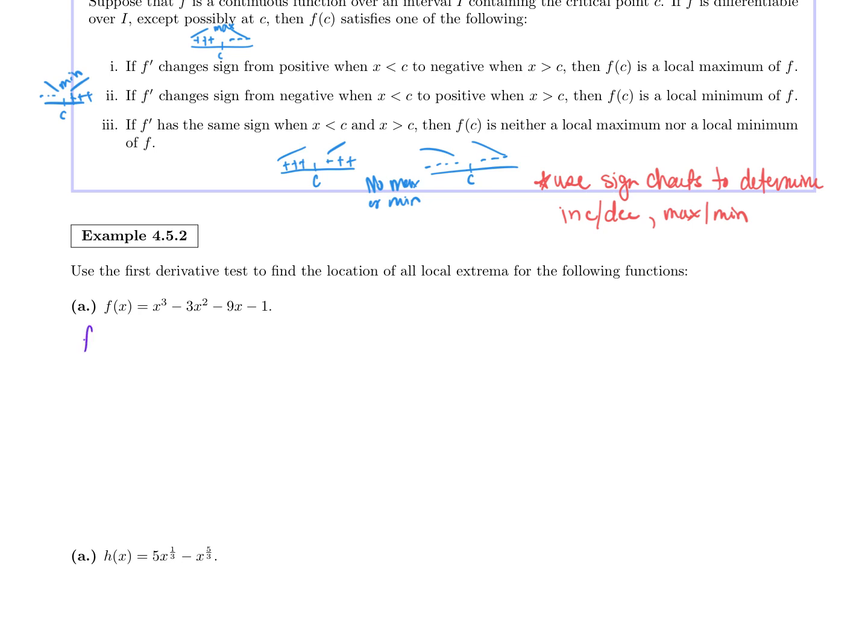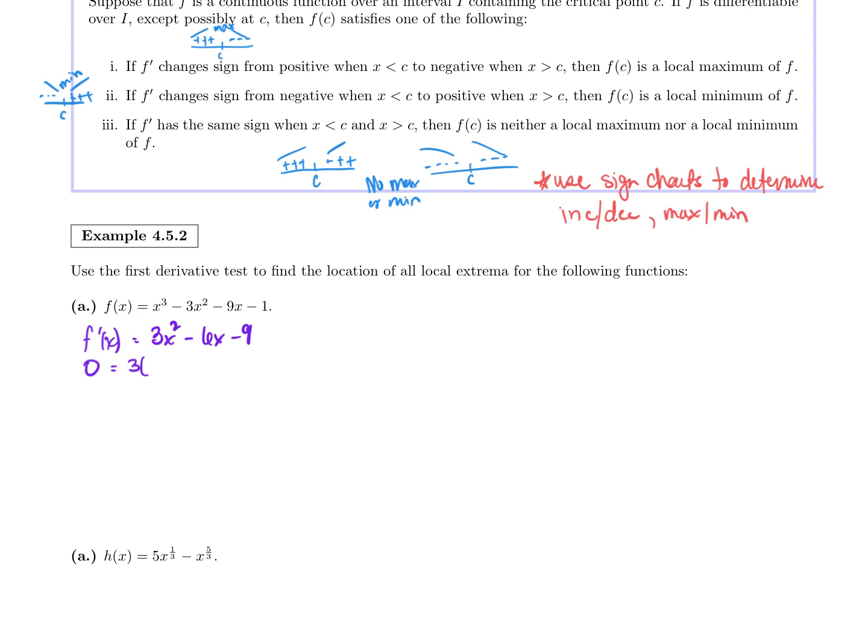First things first, we have to find our derivative, which is going to be, by the power rule, 3x squared minus 6x minus 9. And remember, we want to know where this function is either undefined or equal to 0. Well, this is a polynomial, and it has no points of discontinuity, so it's defined for all x, so we don't have to worry about undefined. So let's focus on seeing where it's equal to 0.